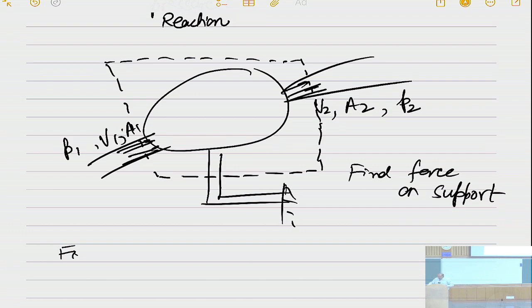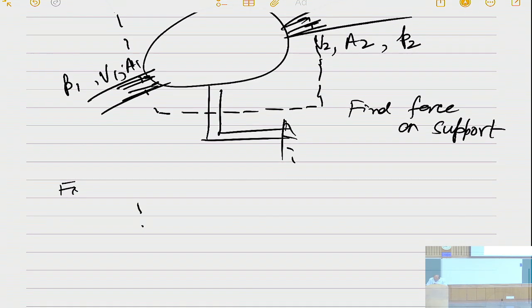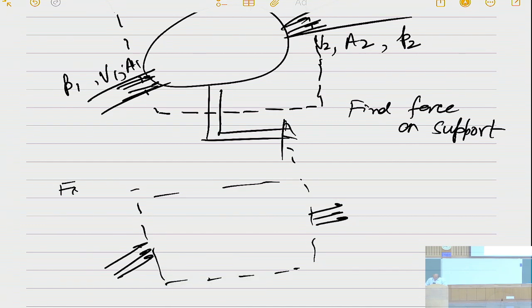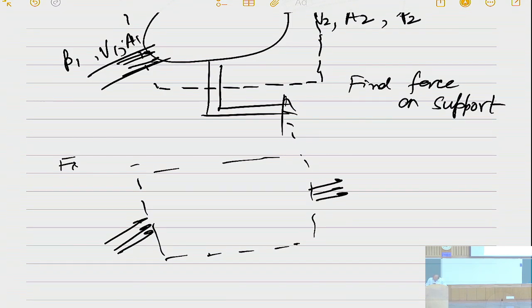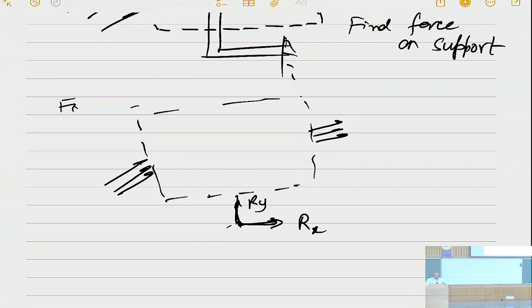Now, this is my control volume. I have flow like this, I have flow like this, and then there is a cut here. So when I show the external forces, Rx plus Ry is the force on the control volume which is being put by the support.